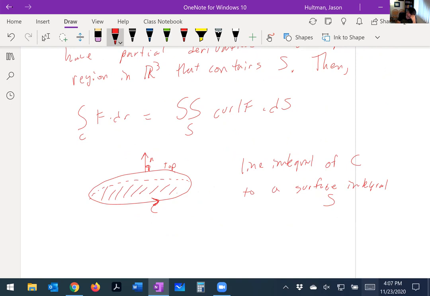It's kind of hard because we're going to be referencing the line integral, so let me try to get a good picture here. This would be the base, inside, and then the rest of it would be my surface.